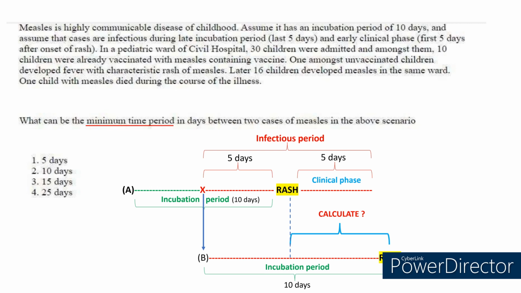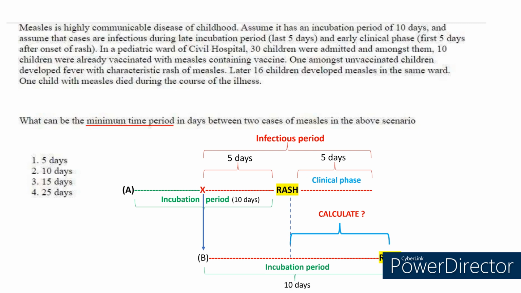So the earliest point will be somewhere during the start of the late incubation period, okay? After the 5th day, I mean from 6th, 7th, 8th, 9th and 10th, that 6th day will be the point where A can transmit the disease to B. So the exposure to B has occurred at this point where I have given a cross mark, right? So again B took 10 days to develop rash. So now we need to calculate the inter-rash interval, right?